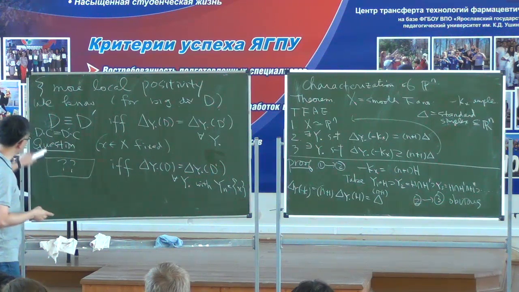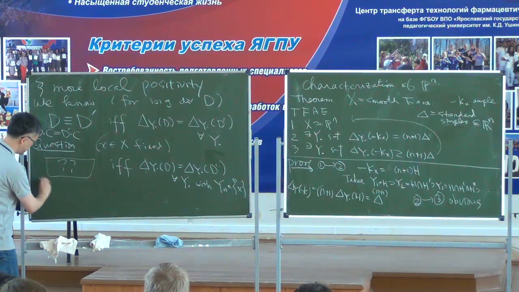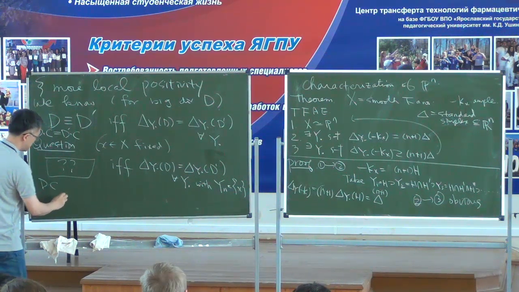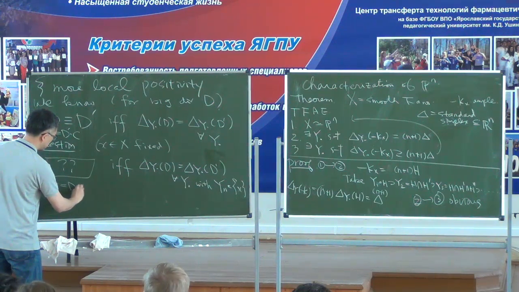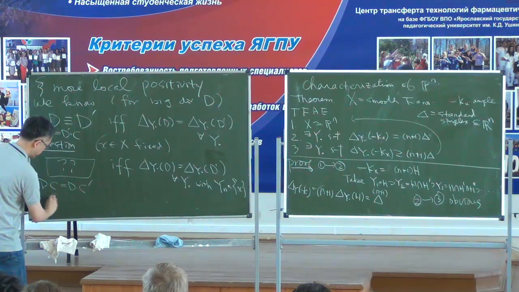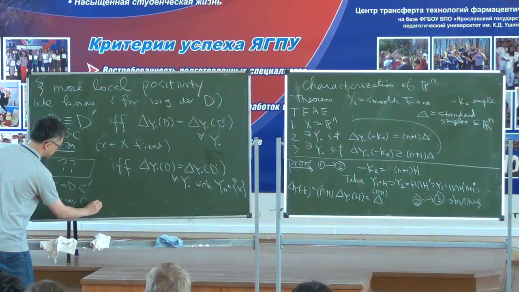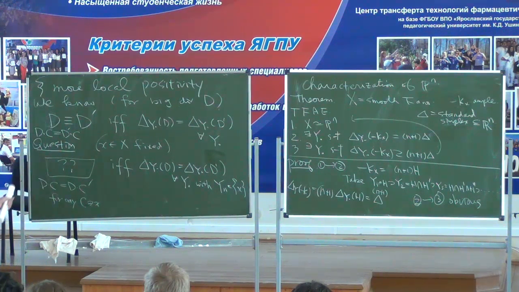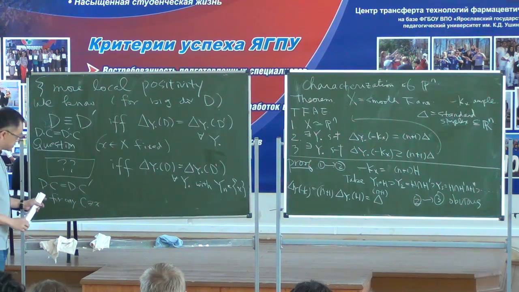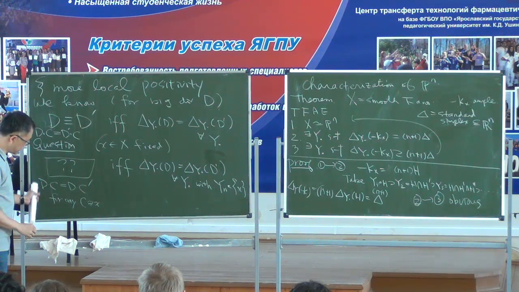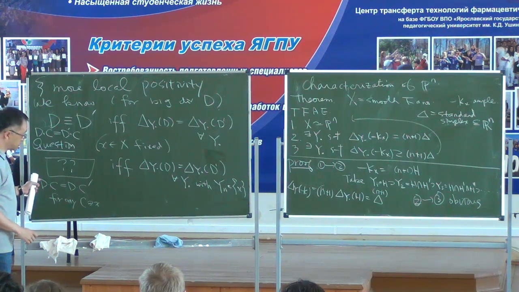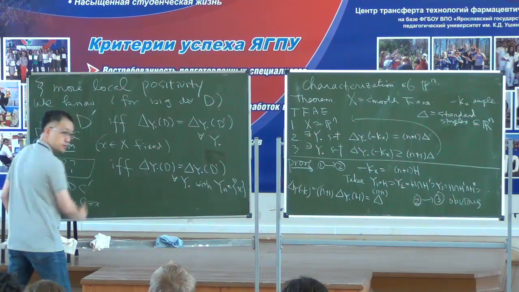So you may want to say that D dot C is equal to D prime dot C for any curve C which passes through x. You may guess this is the answer, but this is naive.